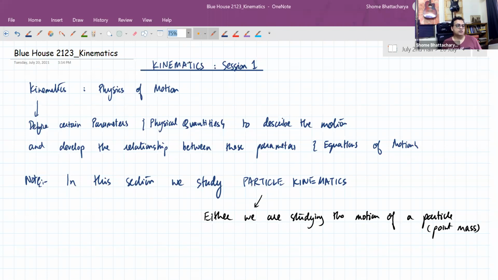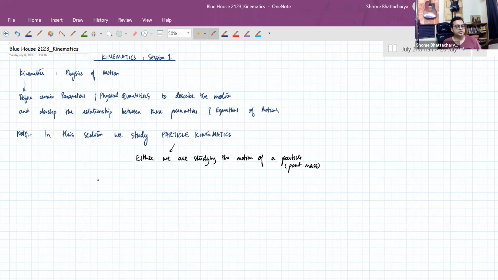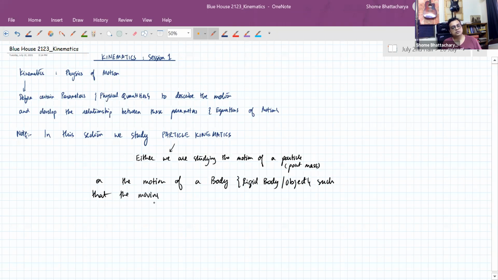Or, more accurately, we are studying the motion of a body, that is basically a rigid body or an object, such that the moving object can be treated like a particle as far as its motion is concerned.